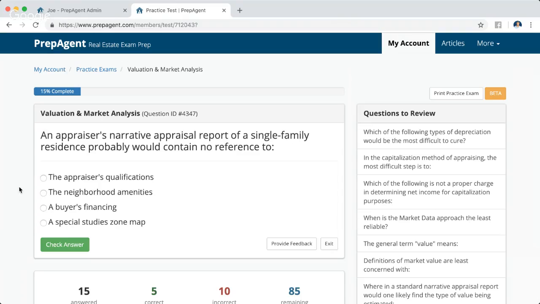An appraiser's narrative appraisal report on a single-family residence probably wouldn't contain any reference to A, the appraiser's qualifications, B, the neighborhood amenities, C, a buyer's finance, or D, a special studio zone map.